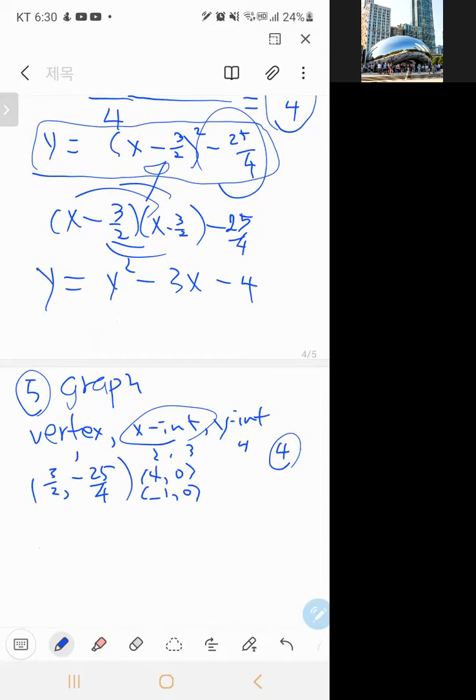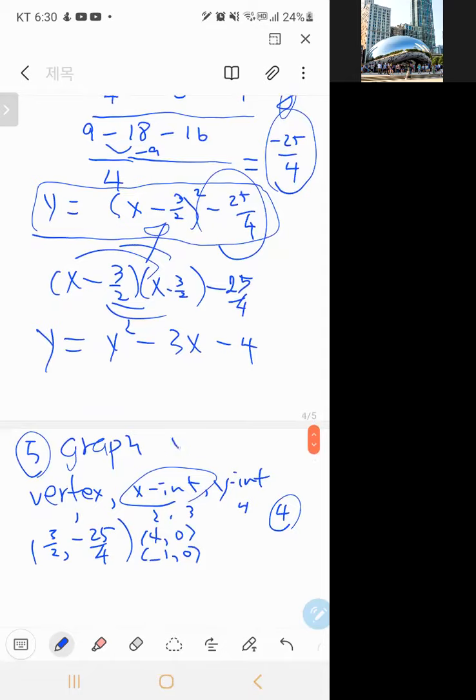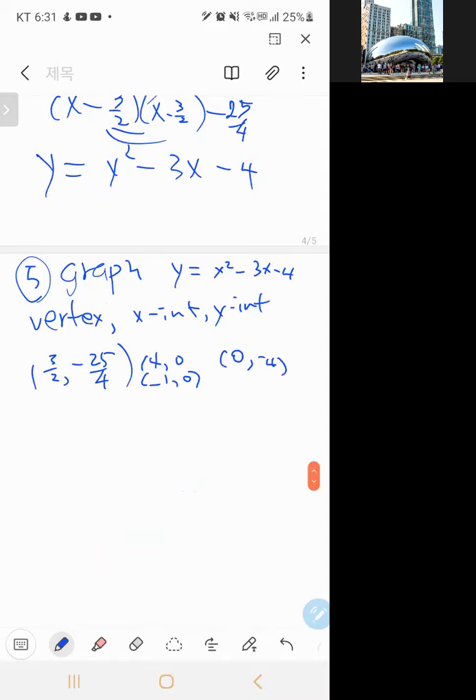And when we want the y-intercept, let's rewrite this. All we have to do is plug in 0 for x, and whatever we get is our y-intercept. Okay, so we already have all those 4 points. So let's plug them in.